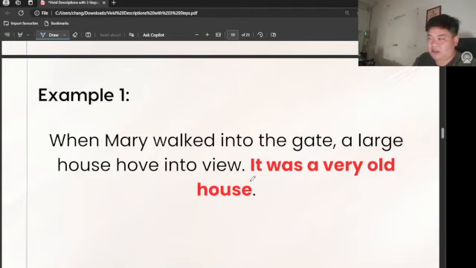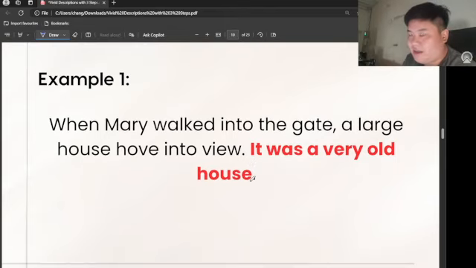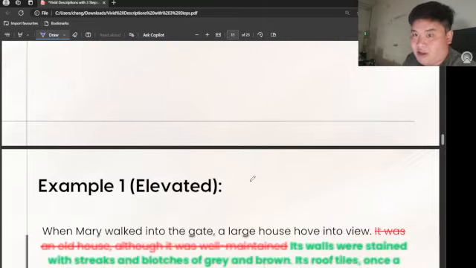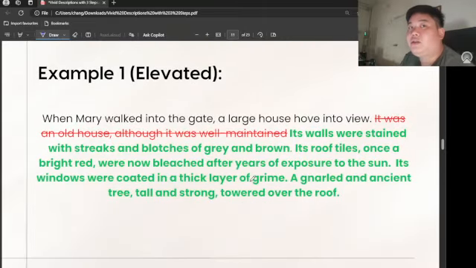And this is a technique that I teach my students as well to help them achieve show, don't tell. Instead of just telling us that, hey, it was a very old house, describe it in very great detail. Then that's how you achieve more vivid description. So instead of saying it was an old house, say its walls were stained with streaks and blotches of gray and brown.